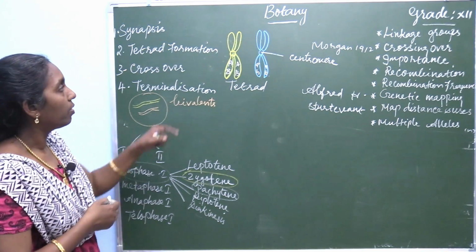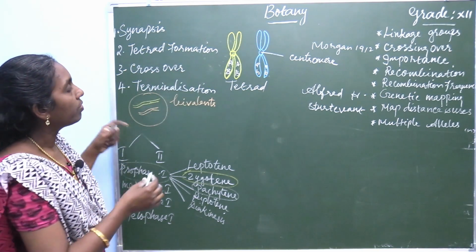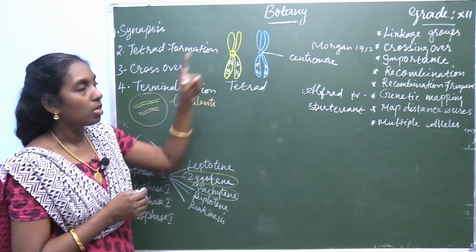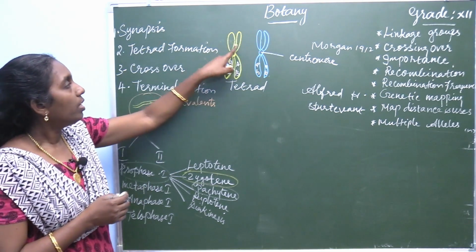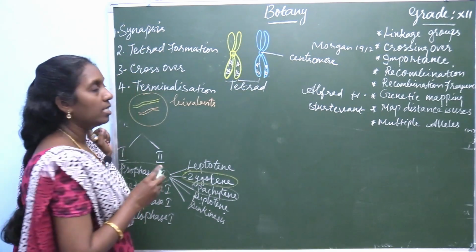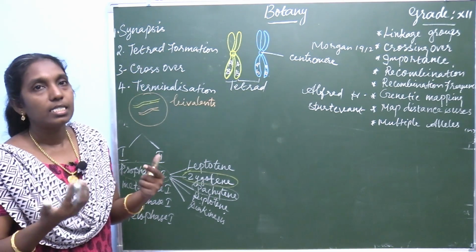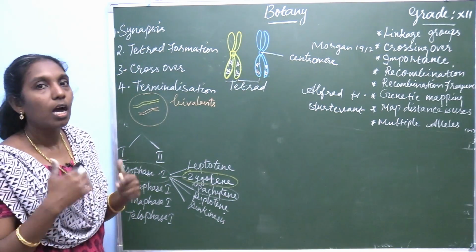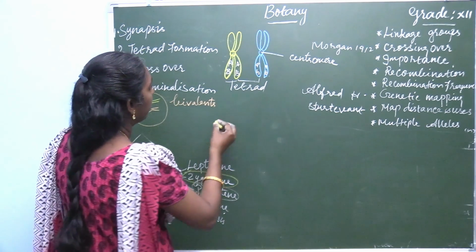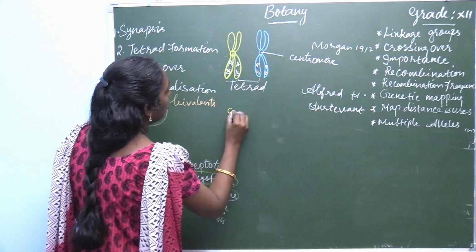What is crossing over? In these chromosomes, these two are sister chromatids and these two are non-sister chromatids. When two non-sister chromatids exchange their segments, how do they exchange? Look at this diagram.